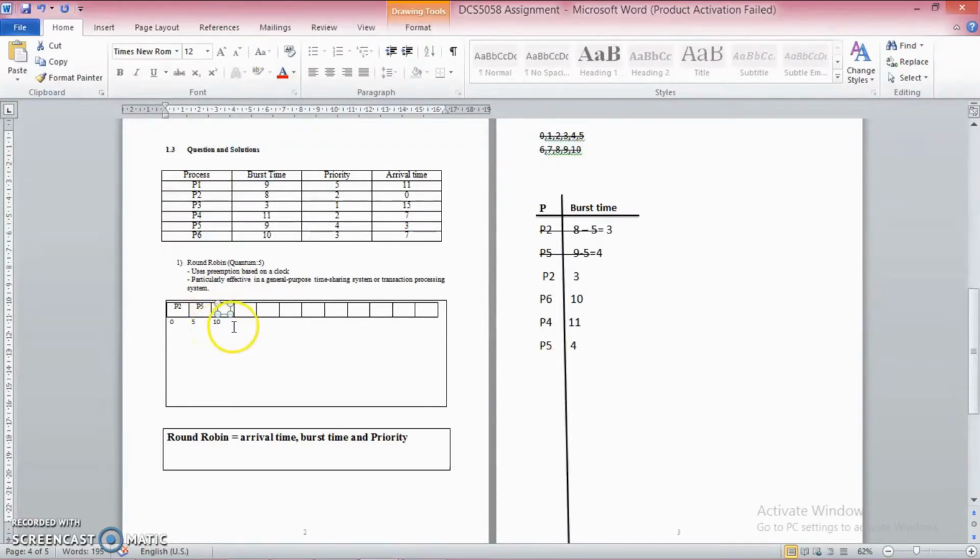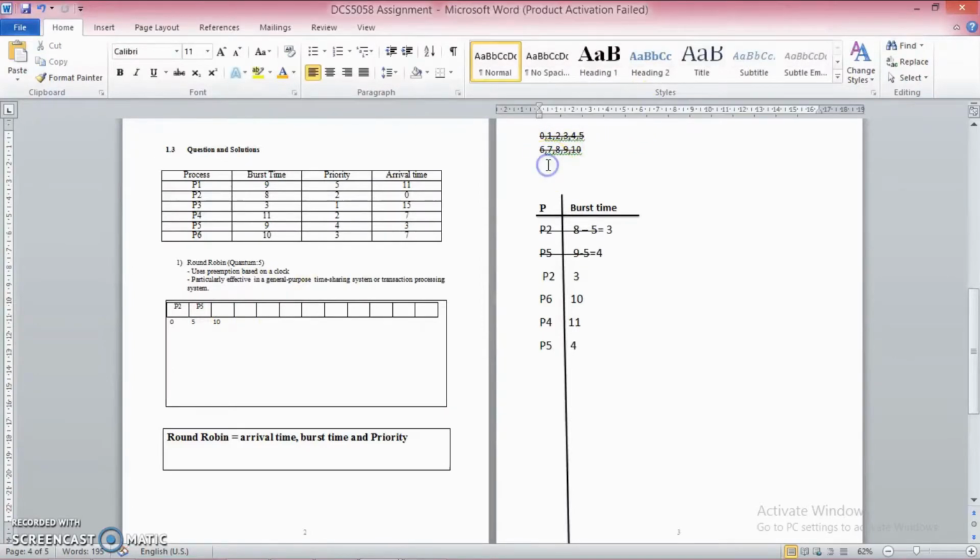10, right? 10 until 15 supposedly. So you put 11, 12, 13, 14 and 15. 15, right? Is there an arrival time at 11?